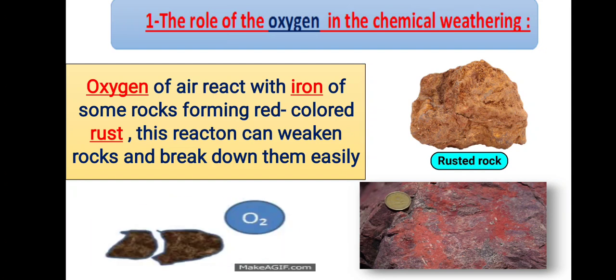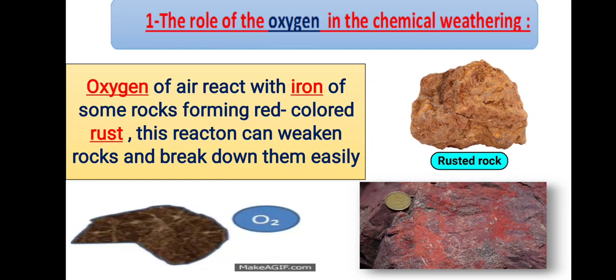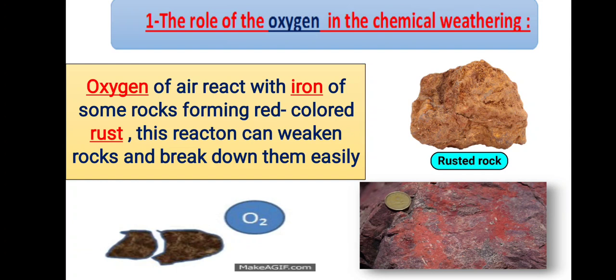Again, at the first, how can the oxygen help in the chemical weathering? There is a chemical reaction between the oxygen and the iron of the rock, and rust will be formed. Because the rust makes the rock very weak, the rock is broken down after that.